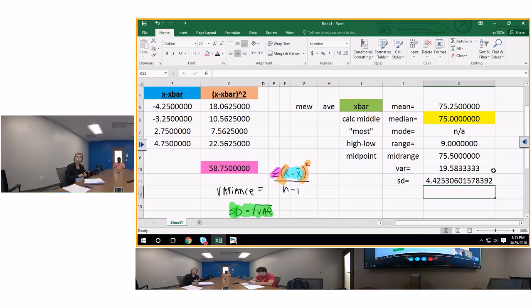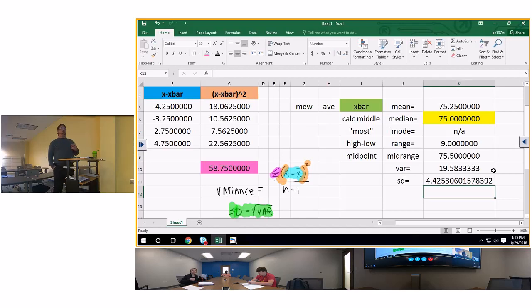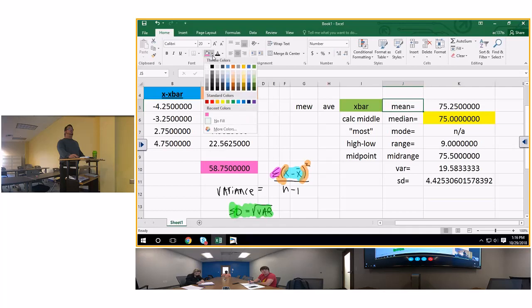Now we're going to talk about this for a minute because y'all need to understand what the standard deviation is, because it kind of sucks to know how to get the standard deviation but not know what it means. The standard deviation basically tells you, along with your, and we're going to highlight these three again, these three right here. Why are we going to highlight these three?